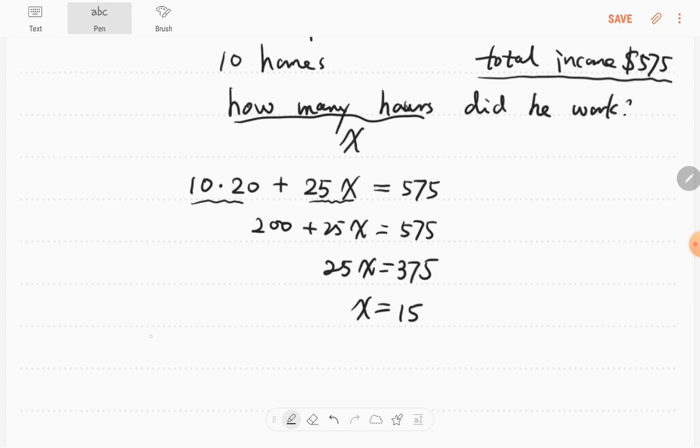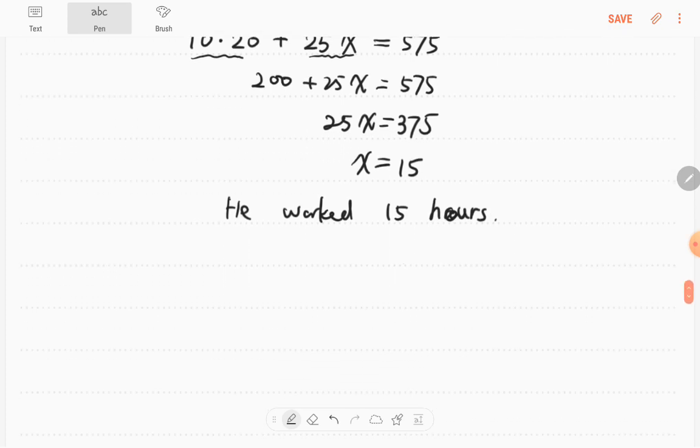So after we solve it, don't forget it's a word problem, so maybe we should write our conclusion. Here we know x represents how many hours did he work, so our conclusion is he worked 15 hours. That's our conclusion.